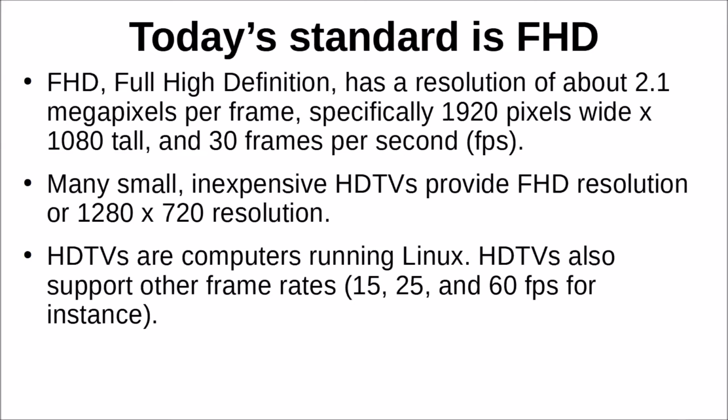And because of buffering and other capabilities in these computers, they support other frame rates. 15 frames per second, you can display on an HDTV, and 25 and even 60. One of the things I like about my 1080p camcorder is it will shoot at 60. And for sports, that is just wonderful. It makes things look so much sharper.